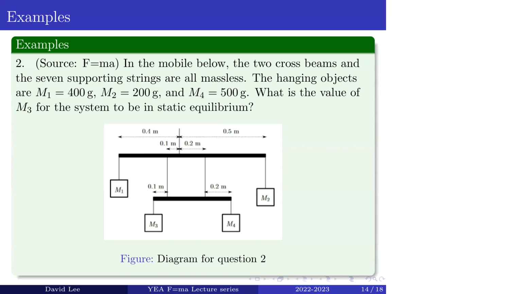So let's draw in the forces that are here. There's going to be just four forces that we really care about, which are just the gravitational forces from each one of these masses. So that's that. Now, the second step is to choose an origin. So what do you think the origin should be?